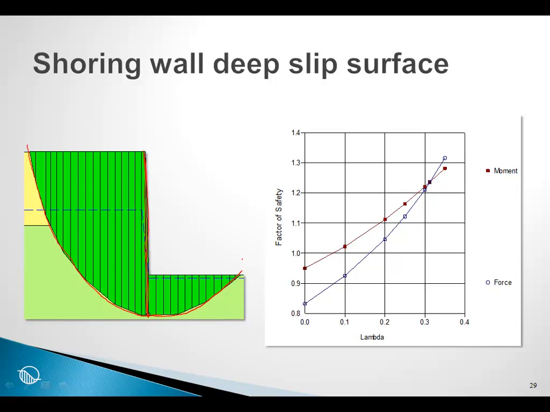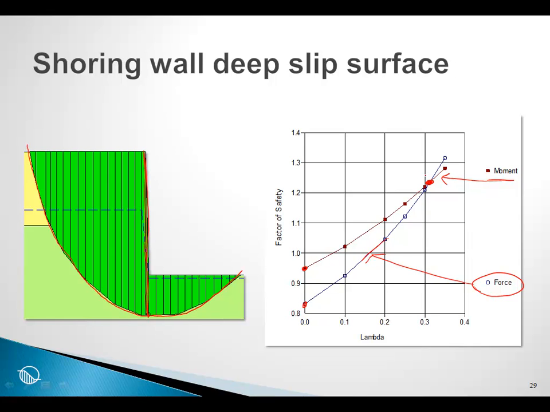Now, interestingly for this case, if this potential sliding mass should rotate, it would have to contort very substantially. If it were to slide sideways, it would have to contort very substantially. Consequently, the force curve and the moment curve are somewhat close to each other, and now we see a very big difference between a Bishop and a Janbu and a Spencer factor of safety, for example.